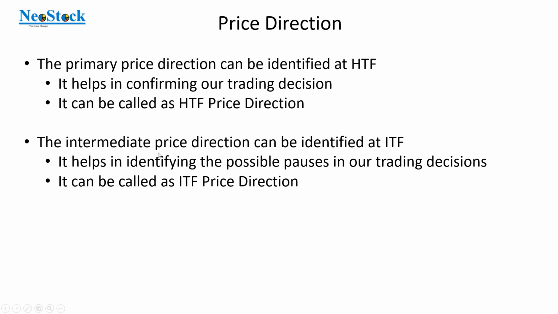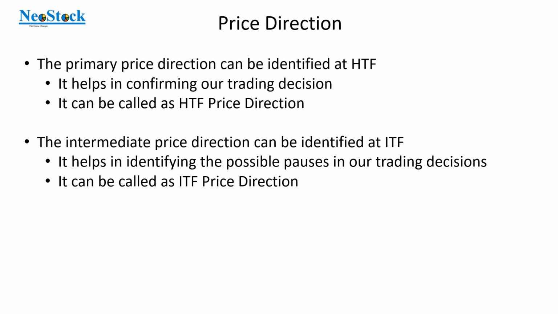Intermediate price direction is against the monthly price direction, and whatever trading decision we are taking based on the HTF price direction, that decision is rejected by the ITF price direction. Why is the ITF price direction rejecting our decision? Because in ITF the price direction is against the HTF price direction. That is the main essence you need to understand.